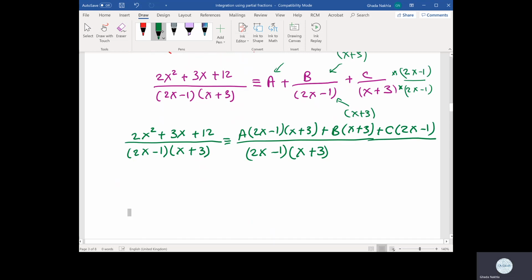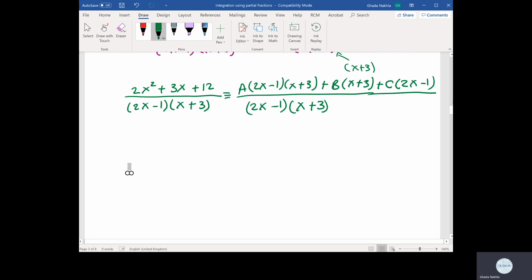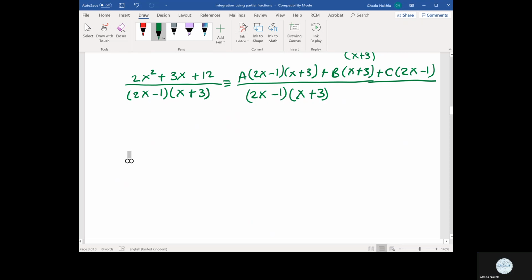If the denominators are the same, this means that my numerators must be equal. So it means that 2x squared plus 3x plus 12 is equivalent to a(2x minus 1)(x plus 3) plus b(x plus 3) plus c(2x minus 1).